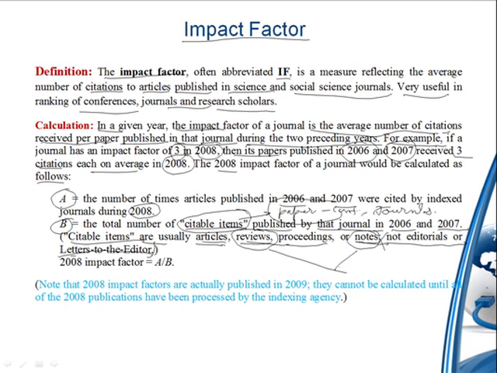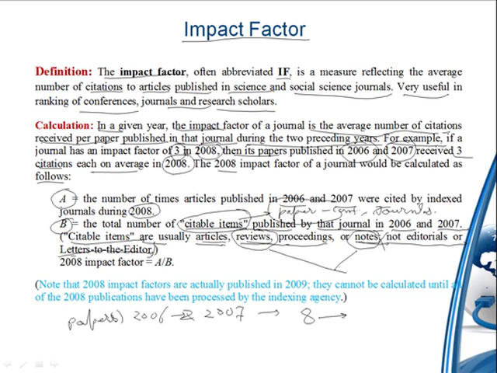For example, suppose papers published in 2006 and 2007 got total 8 citations.